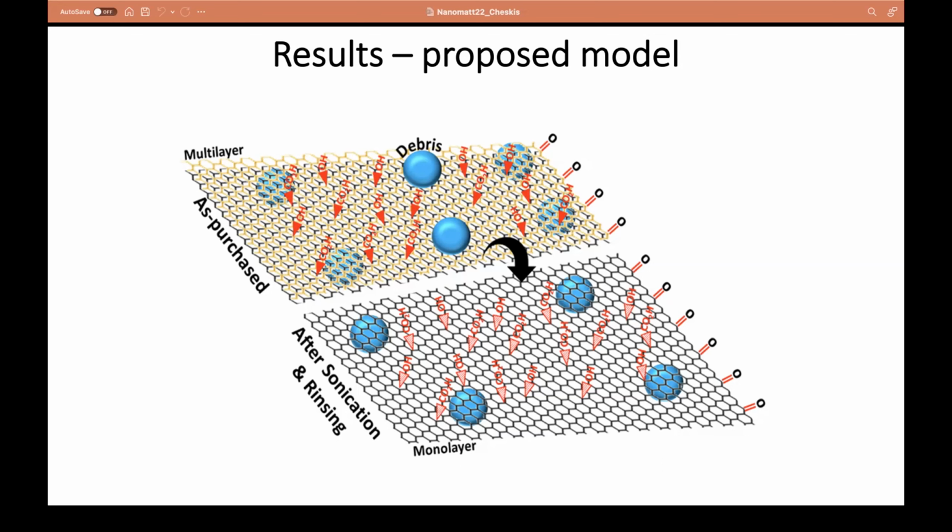Then after the deposition of the sample and water rinsing, we succeeded in reducing these oxygen groups and achieved pretty clean reduced graphene oxide material close to graphene. And this process seems to be very cheap and very straightforward.